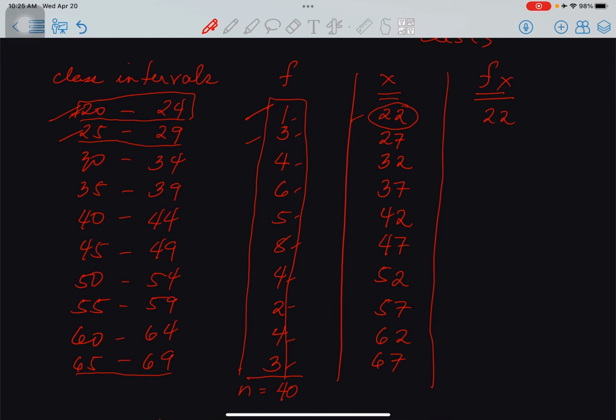Then 3 times 27, that is equal to 81. Then 4 times 32, that is equal to 144. Then 6 times 37, what is 6 times 37? 6 times 37 is equal to 222. Okay, then next we have 5 and 42, we have 210.